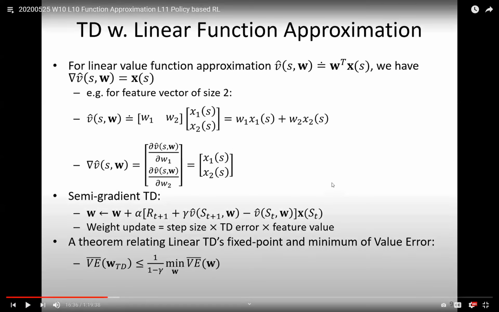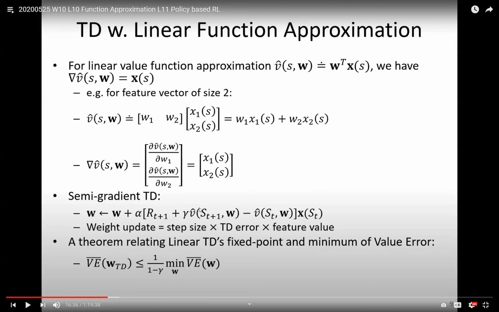So to be more complete, semi-gradient TD is used for pretty much any function approximation of the value function. For linear, it's shown on the slide. But if you use a neural network to approximate the value function, you still use semi-gradient TD.